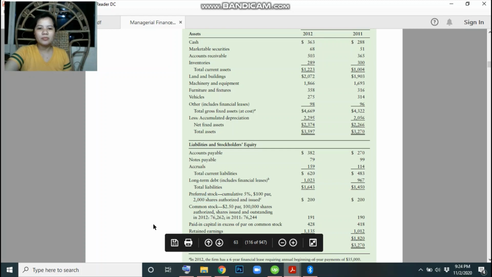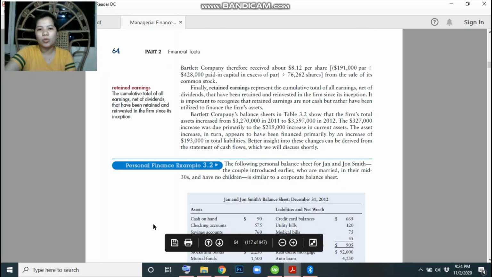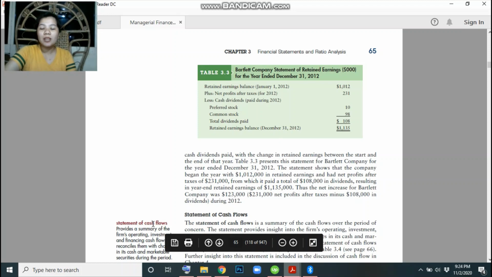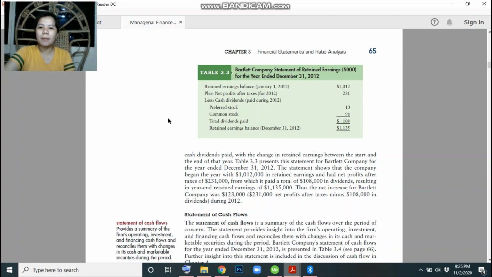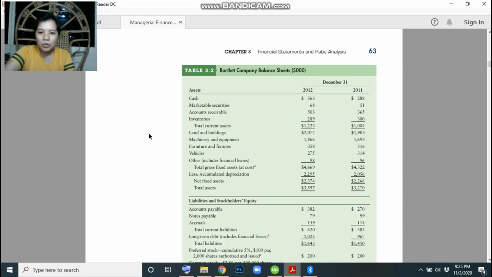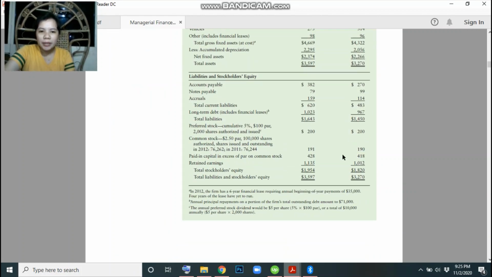Okay? Let's now go to the third financial statement, which is the statement of retained earnings for the year ended December 31, 2012. How did we get the 2012 retained earnings in the balance sheet? Our retained earnings is 1,135,000 for 2012.